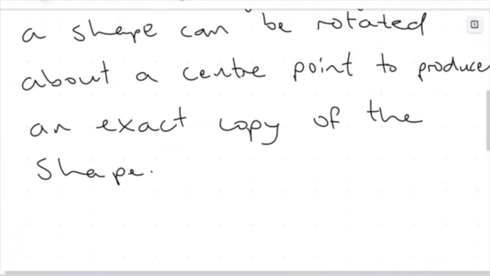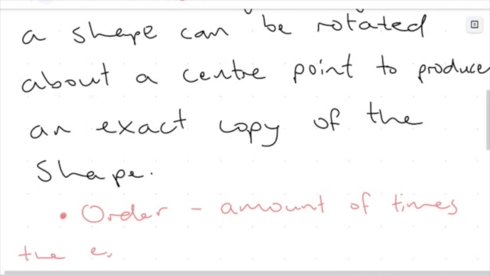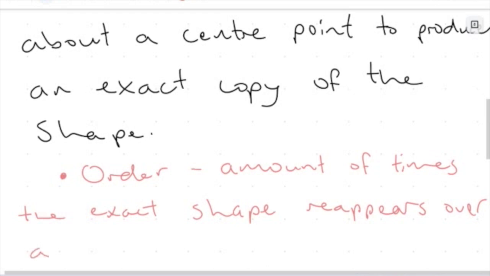So the order of rotational symmetry of a shape is just the amount of times the exact shape reappears over a 360-degree rotation.